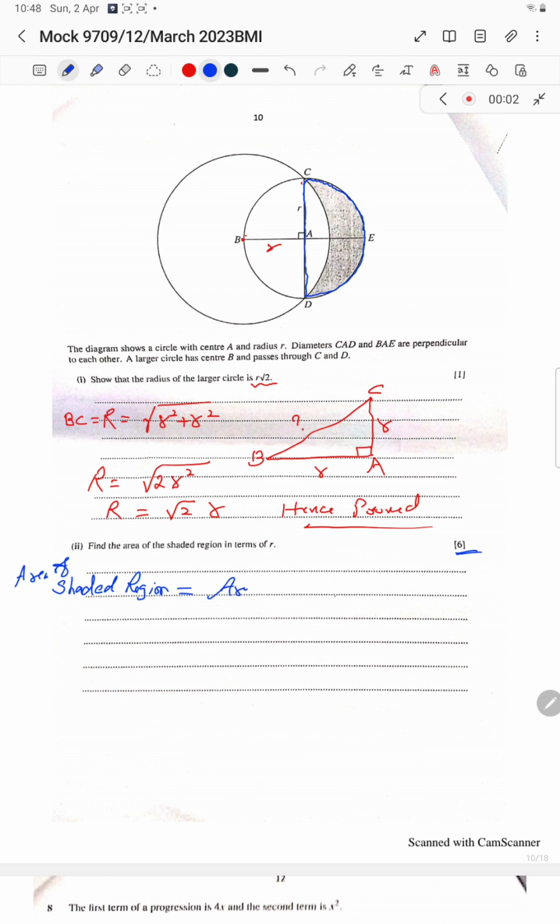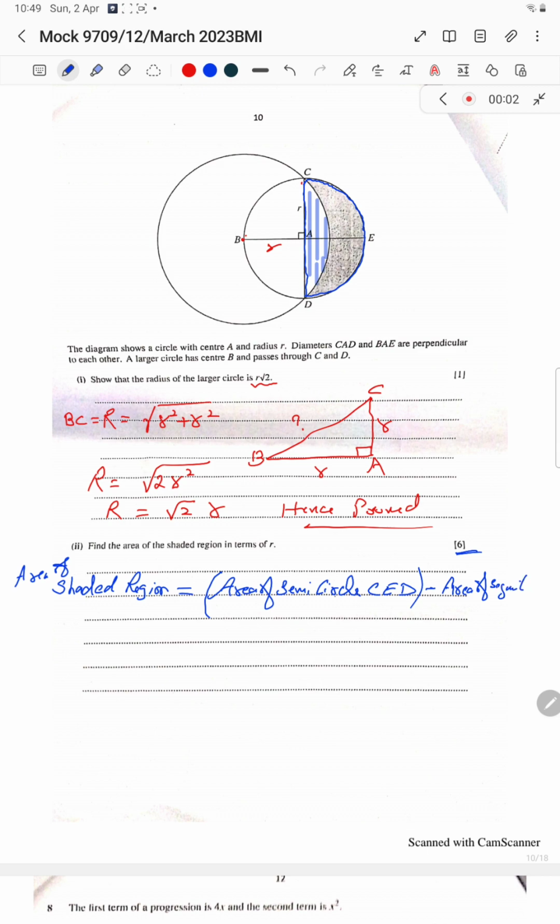If you can see my working on the figure, I can write area of semicircle, that is CED, minus this portion, this is a segment, so I can write minus area of segment.